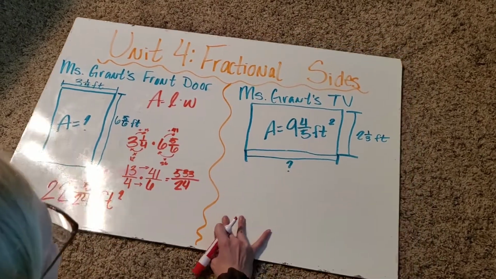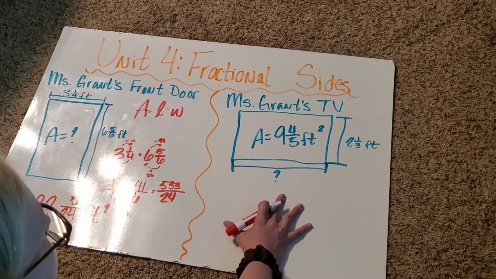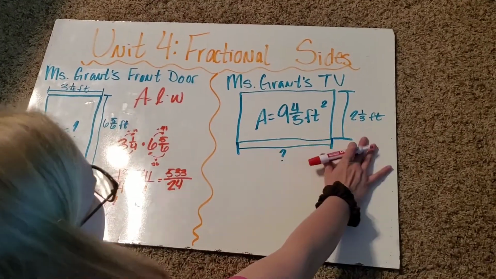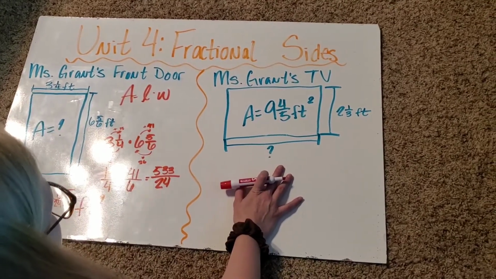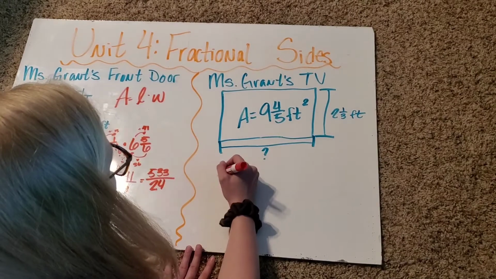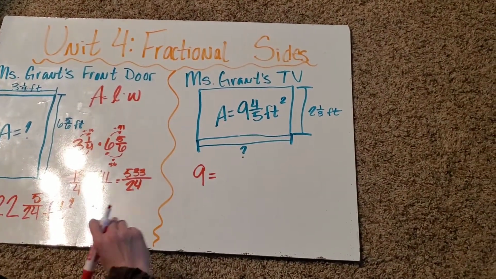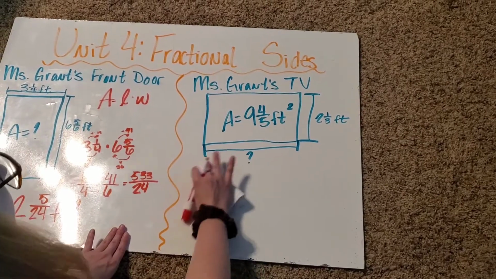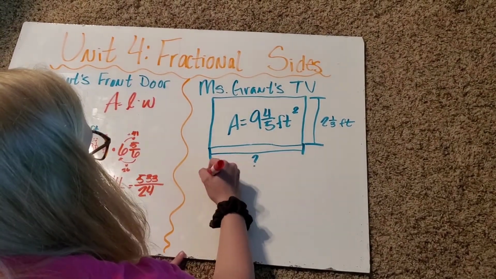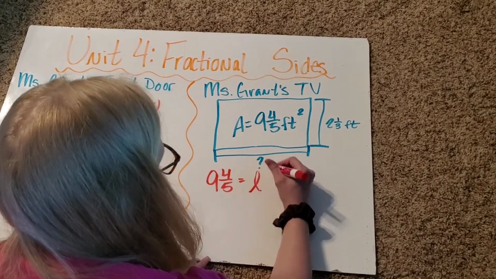Okay, so now we're going on to my TV. So we're given the area, one side length, and we're trying to find the missing side length. So I'm going to set this up kind of like we did here. We're trying to find the length.